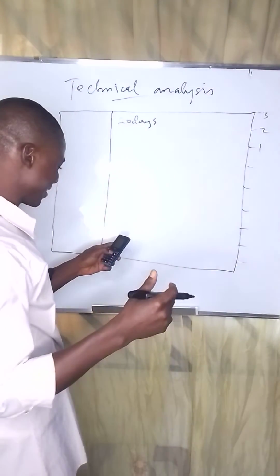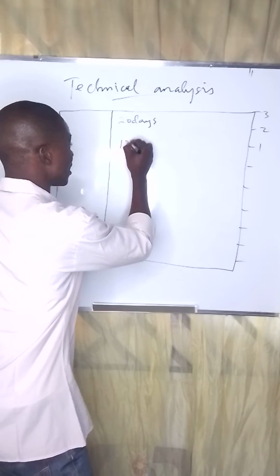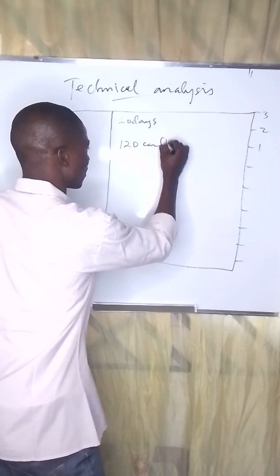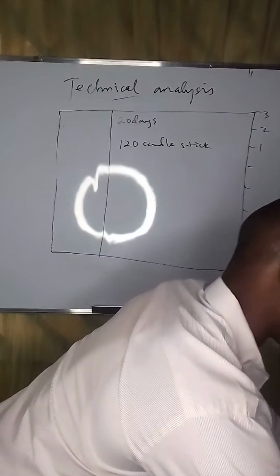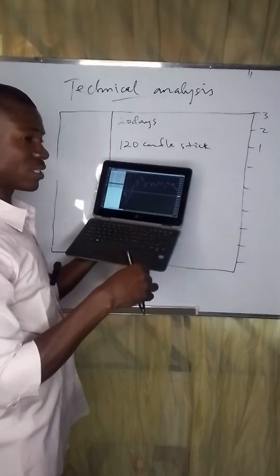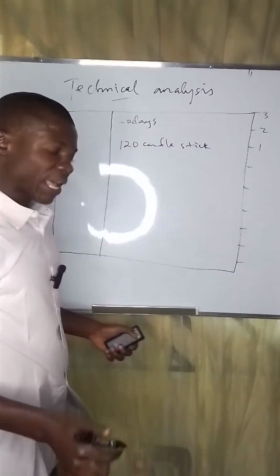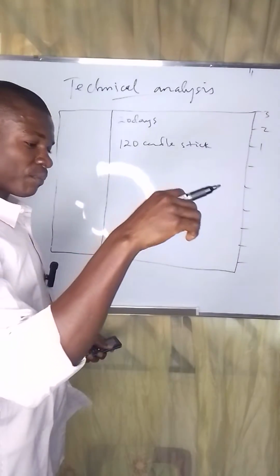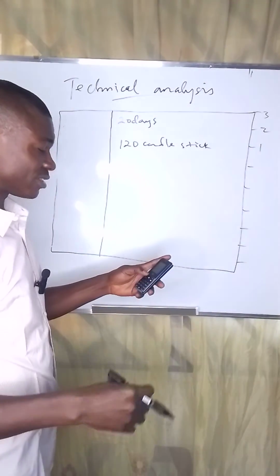Don't worry, sweetie. Okay. Because if we have 120 candlesticks, and of course, we use a 4-hour time frame, there are 120 candlesticks, isn't it? Yes. How do we know that 120 candlesticks on a 4-hour time frame is 20 days?